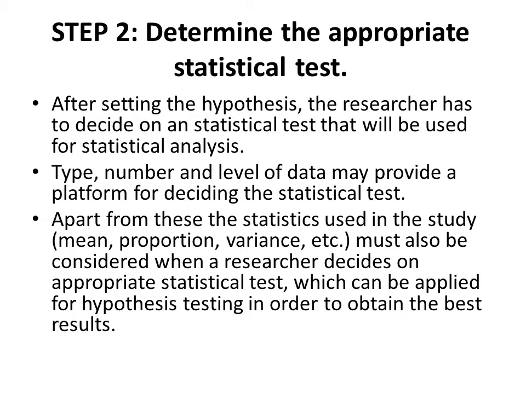So type, number and level of data may provide a platform for deciding the statistical test. Apart from these, the statistics used in the study, for example, mean, proportion, variance, etc., must also be considered when a researcher decides on appropriate statistical test.